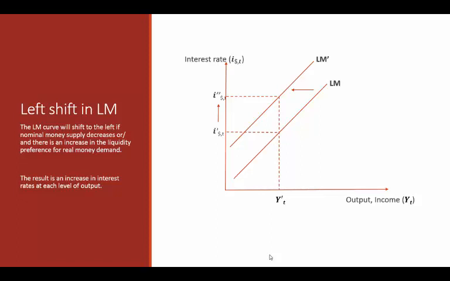Similarly, the LM curve will shift to the left if the level of money supply is reduced or there is an increase in the liquidity preference for real money demand. As depicted here, the LM shifts to the left to LM prime, resulting in an increase in the interest rate from I prime to I double prime.